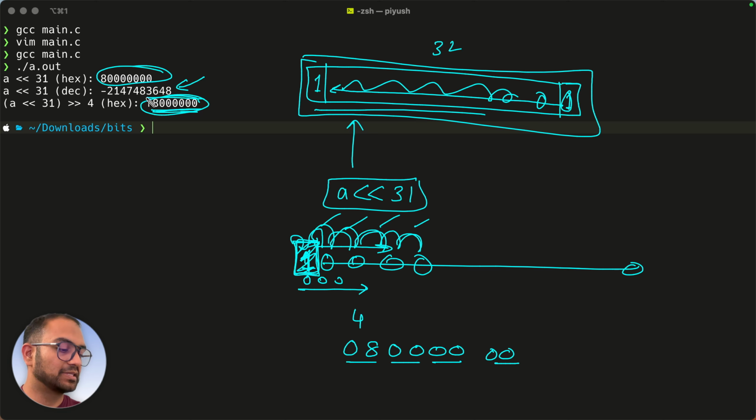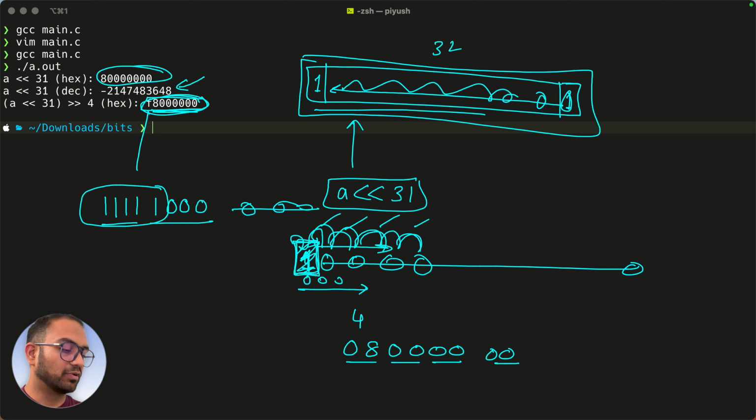And if you notice, that is what has happened. And F translates to 1, 1, 1, 1. 8 translates to this as binary. And of course, then on the right side, we have all zeros. So what happened here was, because this one was in the MSB, it got copied over.